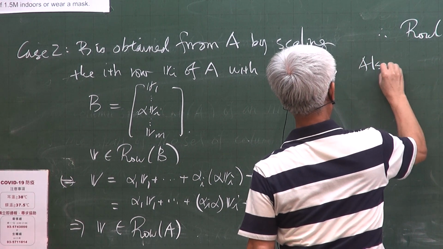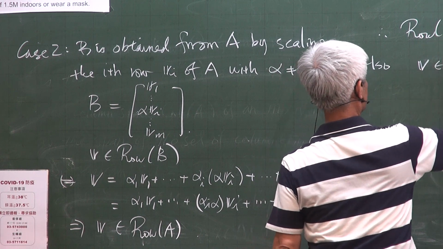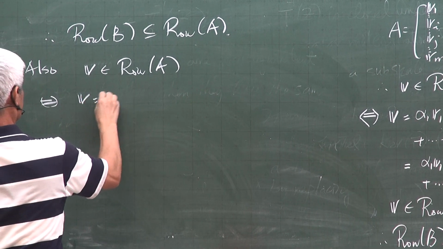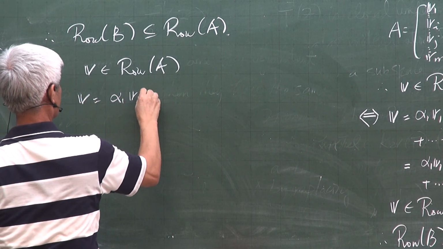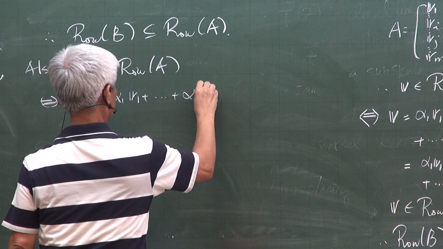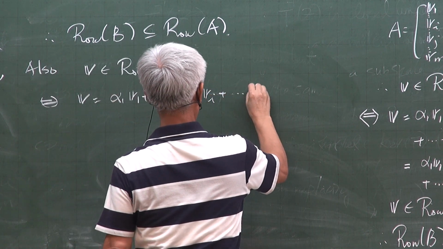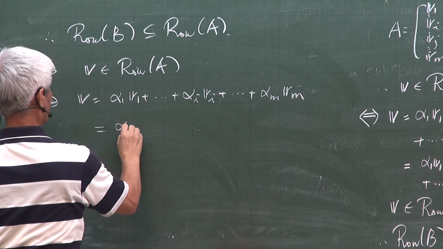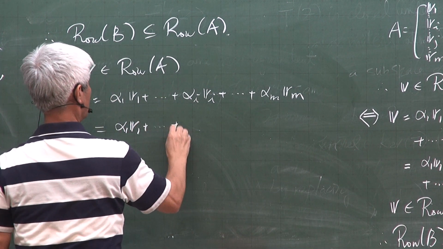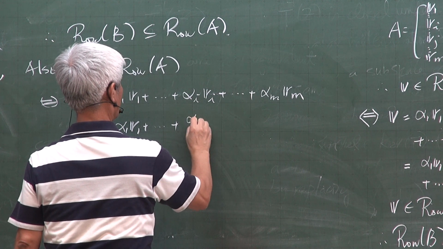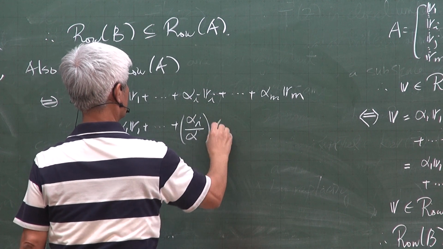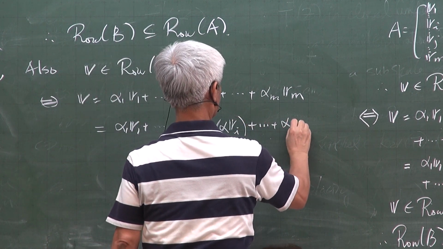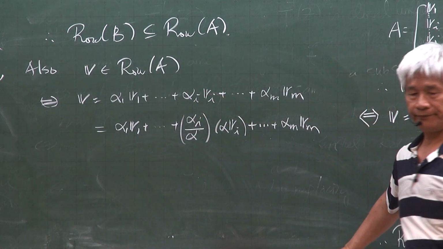Also, V is in the row space of A if and only if V can be written as alpha 1 R1 plus ... plus alpha i Ri plus ... plus alpha m Rm. And this one we can write as (alpha i divided by alpha) times (alpha Ri).